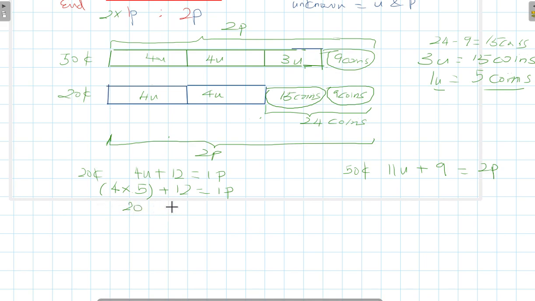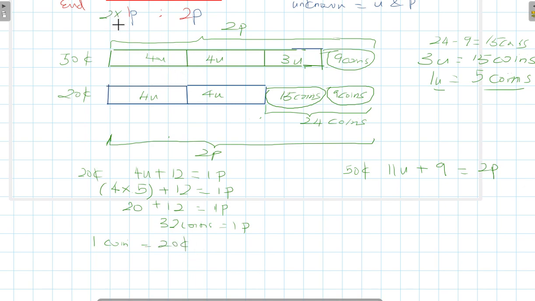Okay, so I will have one part will have 32 coins. Okay, still now we are still doing coins, right? But I know that 1 coin is 20 cents.